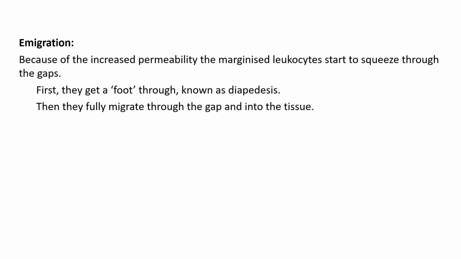This starts with diapedesis. This is where they change shape. Using their cytoskeleton, they can change shape, and they put a foot through the gap between the endothelial cells. Eventually, they wriggle all the way through by changing the shape of their cytoskeleton and moving. They can fully migrate through the gap and into the tissue.